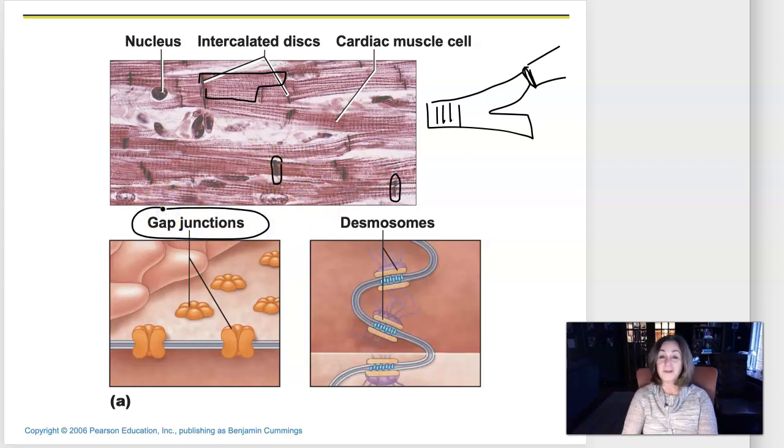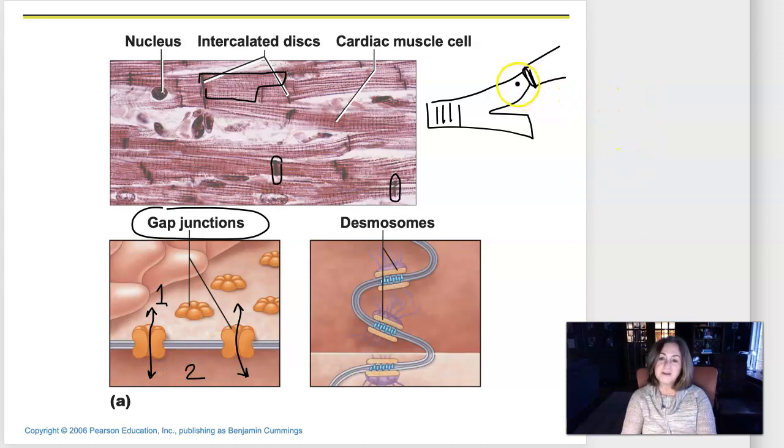Again, this is a lot of A&P 1 recall here. A gap junction, here they're showing a little depiction where this would be one cell, this would be the neighboring cell, and what they're trying to show us is a protein that forms a continuous channel between two different cells. So that's the significance of the intercalated disc.